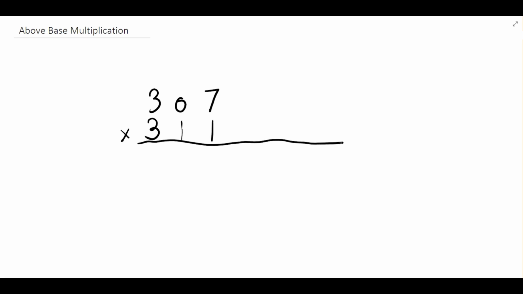Now let me teach you how you can use the same technique for numbers that do not have unitary bases. So take 307 and 311. You want to multiply them. Now again, note the base up here. Here it is exceeding by 7. Here it is exceeding by 11.